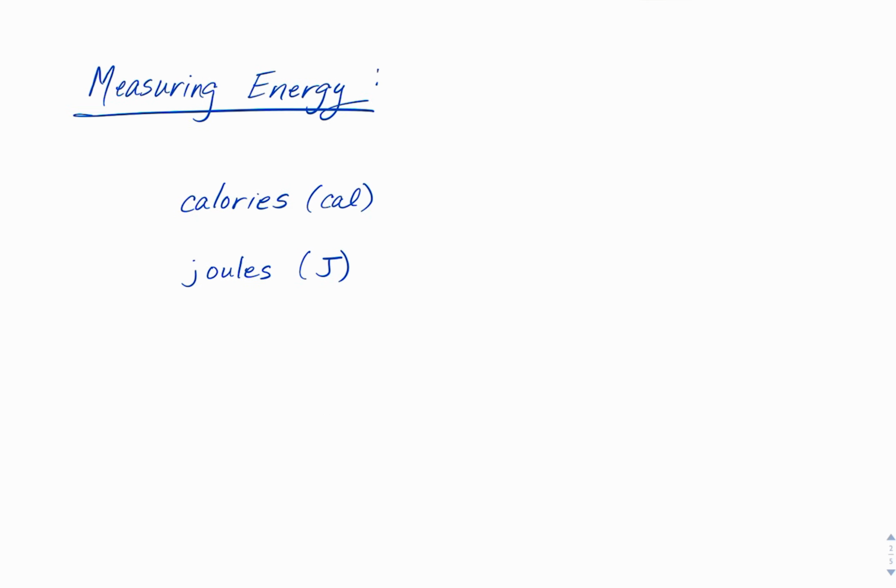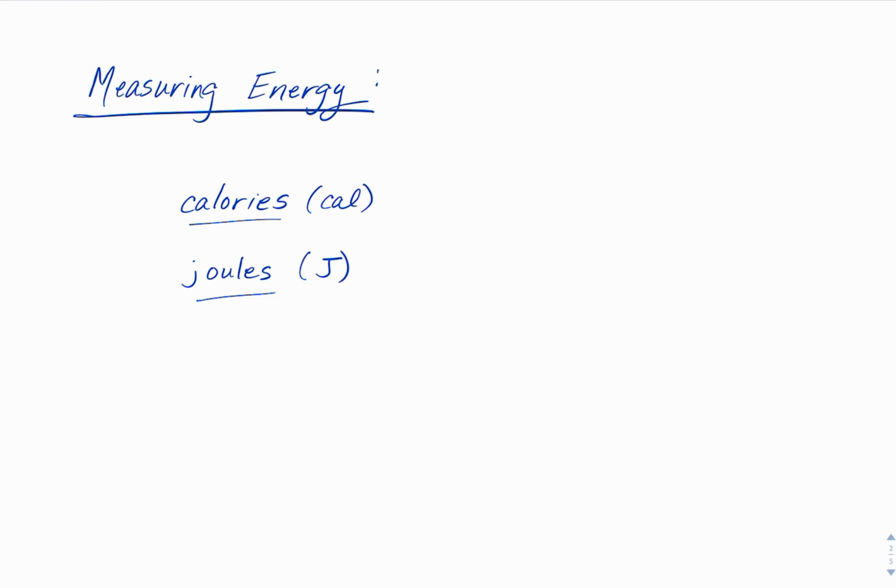It turns out that we have to have some way of measuring energy. In chemistry, we tend to use a couple of different types of units. A couple of those are the calorie and the joule.